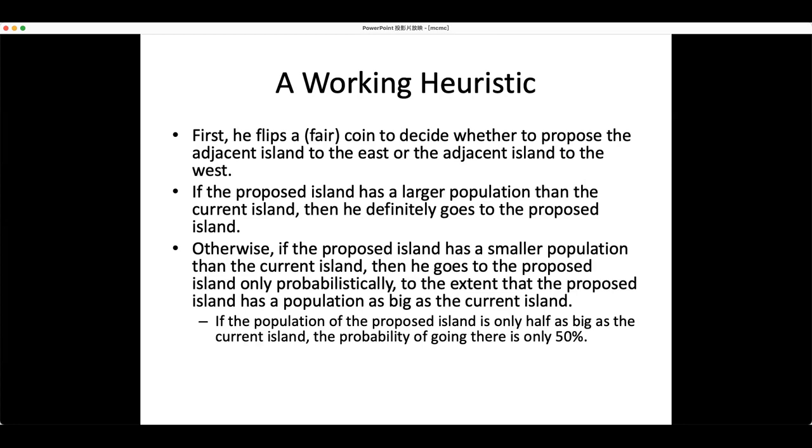If the politician doesn't move, then he will stay on the current island and do this process all over again, at the end of every day, making this decision to see where to move to for the next day.